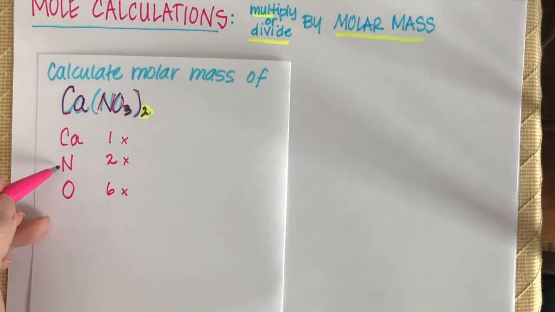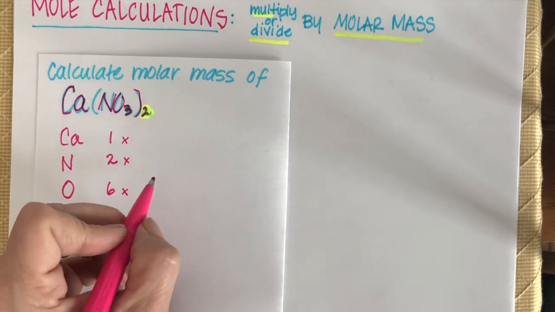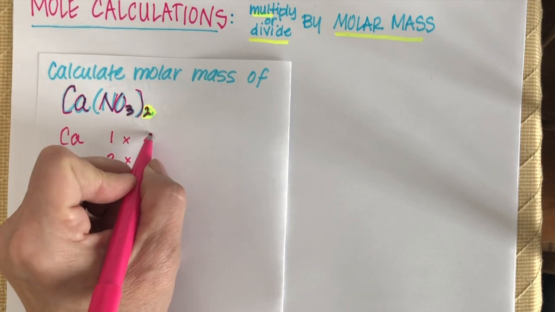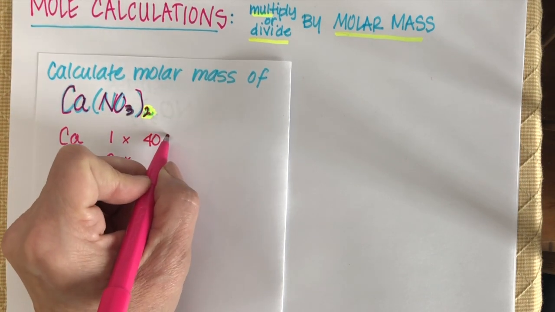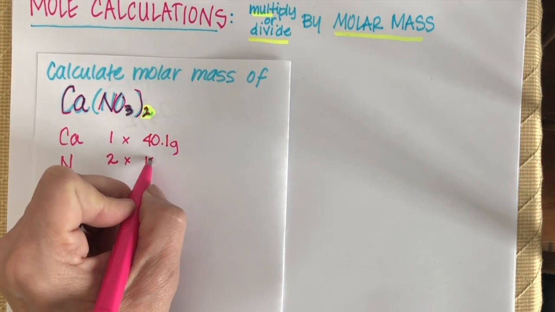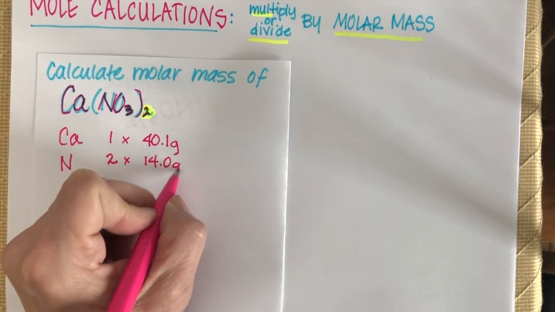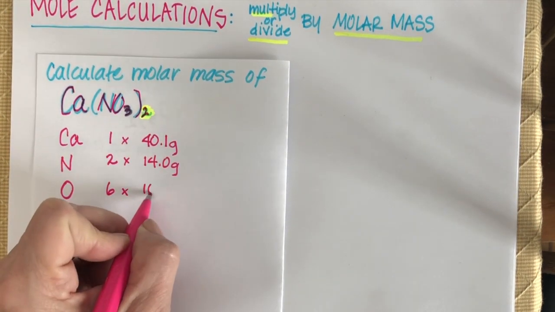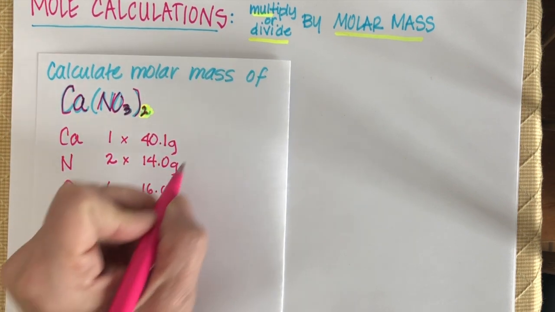Now each of these atoms, the individual masses can be found on the periodic table. And taking only one decimal place, I'm going to round. Calcium from the periodic table is 40.1 grams. Nitrogen is 14.0 grams. And oxygen, 16.0 grams.